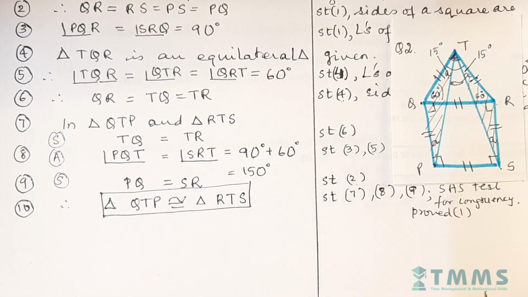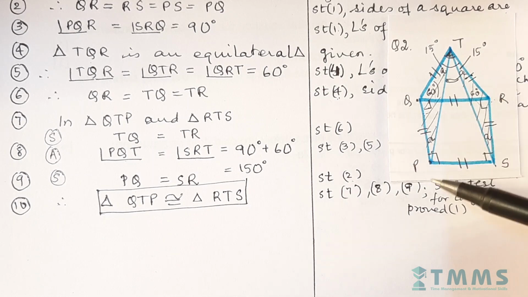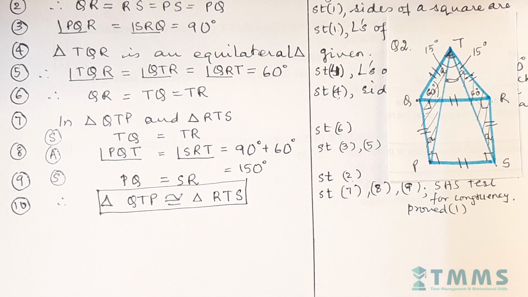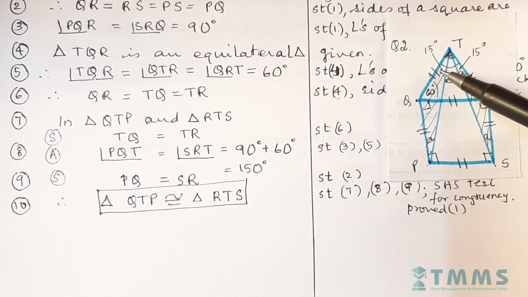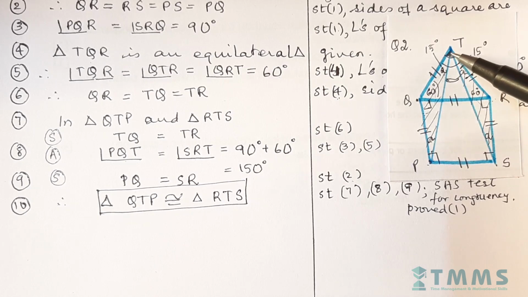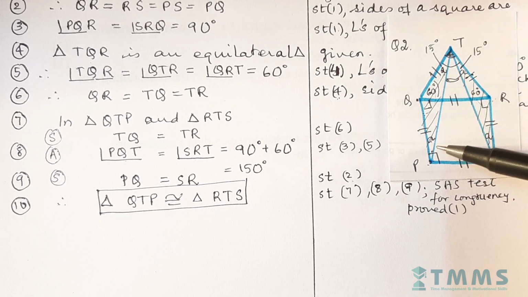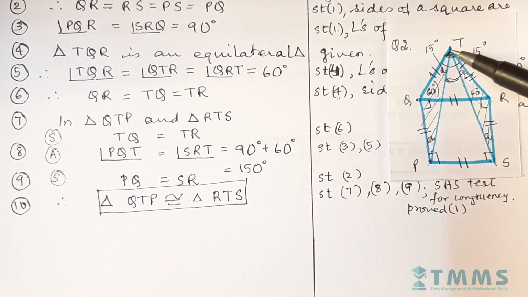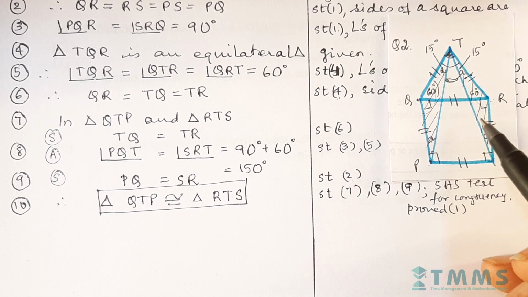Now the second part was to prove that TP and TS are equal. Now look at these two triangles. We just proved that they are congruent. What does that mean? Doesn't that mean that if SAS was used, then the other angles, this one and this, and the remaining side TP, will also be equal to the corresponding elements of the other triangle, which means TP and TS are the corresponding sides of the two triangles. Why are they called corresponding?